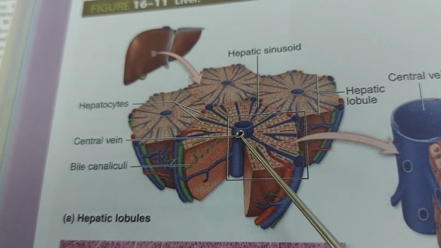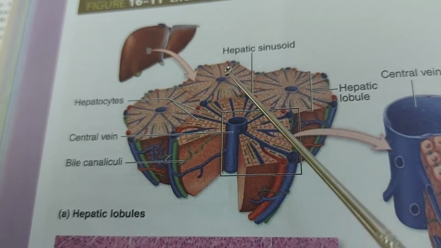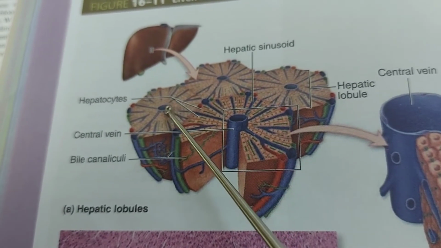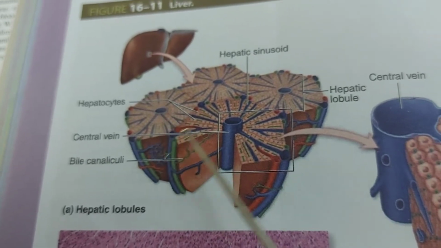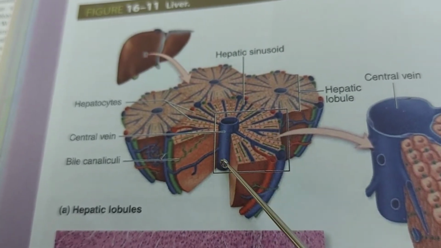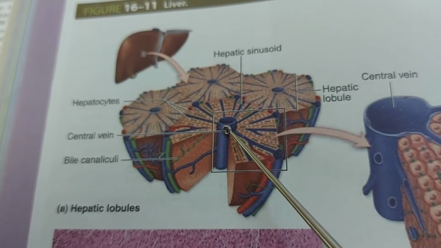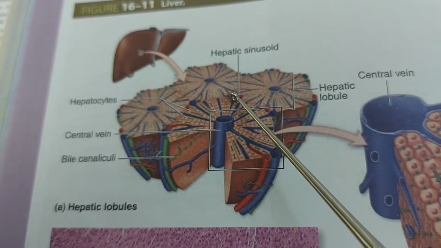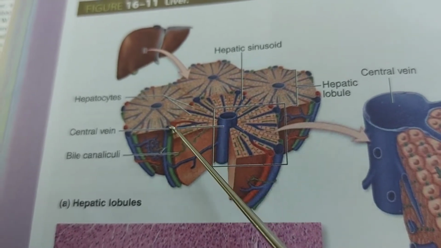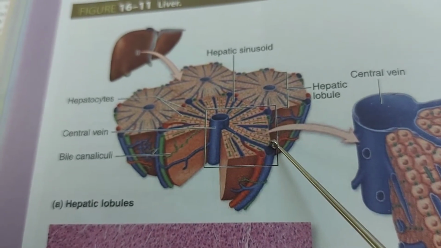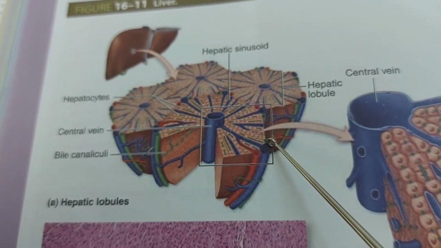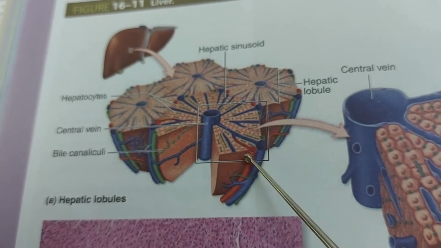There is one hepatic lobule, there is another hepatic lobule, and another. This hepatic lobule has the central vein, and at the periphery there are some triads. This is known as the portal triads.